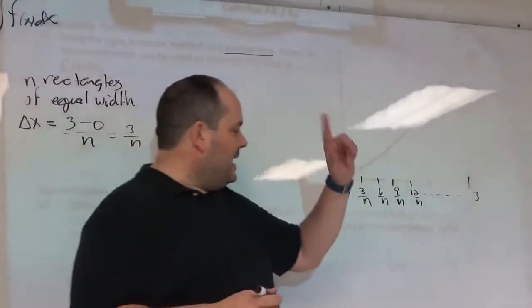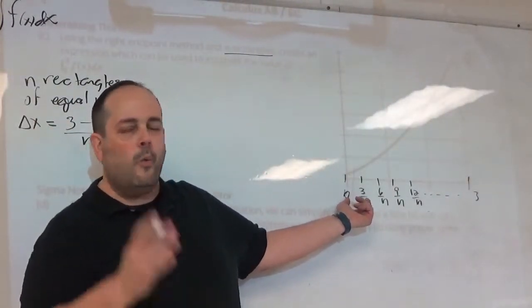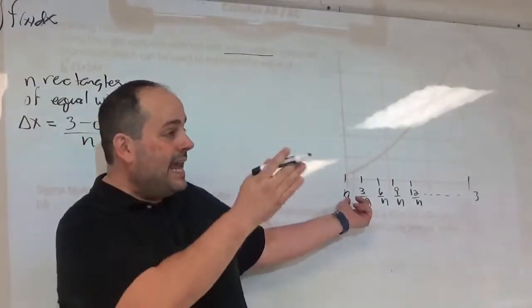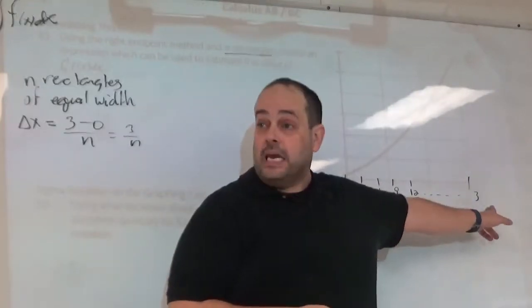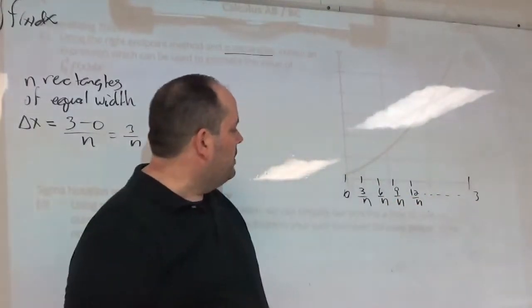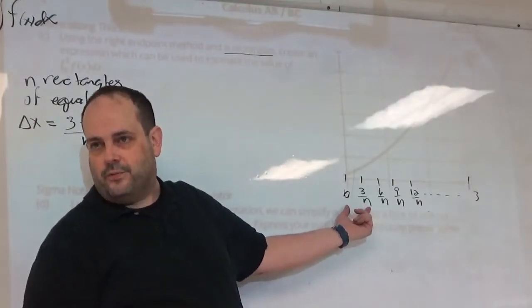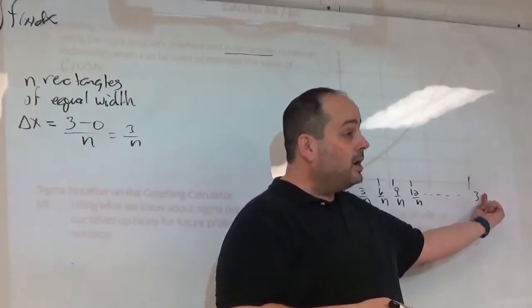The last one? Not n over n. 3 over n. Not 15 over n. Where should you best be ending? Where are you supposed to end? 3. I lost some folks here. Each rectangle has a width of 3 over n. How many rectangles does it take to get to the last part?